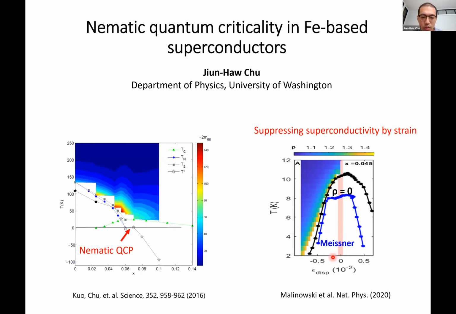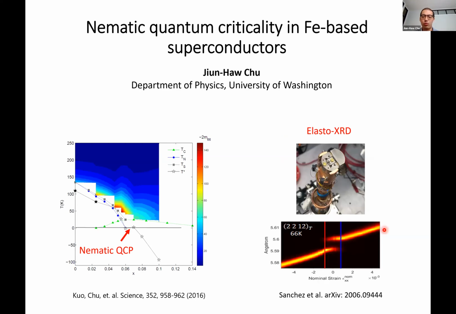In order to further investigate that, we developed a new experimental technique, which I temporarily call elasto X-ray diffraction. This is basically a combination of in situ strain tuning with X-ray diffraction, so that we can use X-rays to extract all the structural microscopic information, such as lattice constants and twin populations of the crystal, while we're strain tuning and doing the resistivity measurements.